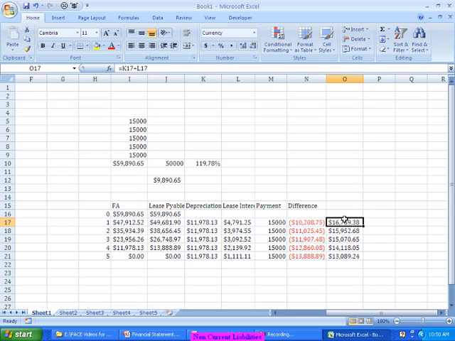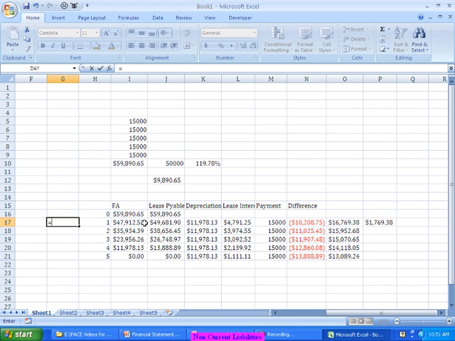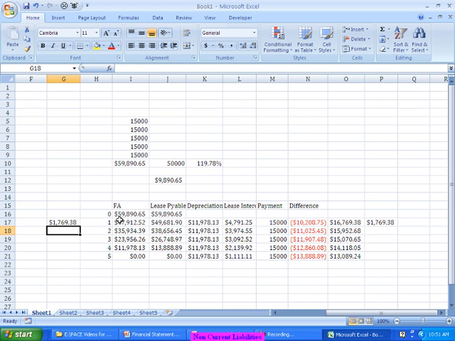So the difference between the payment and this expense is to the extent of 1,769. And you see the difference between the asset and the liability is also exactly 1,769. That is the adjustment that is coming up.